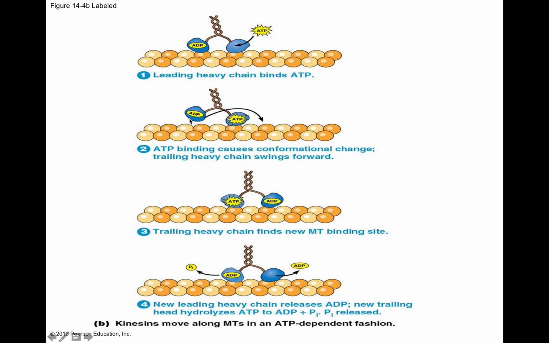That causes this foot in the back to swing forward and become now the front foot. Now the foot that is now in the back but was in the front splits that ATP into ADP plus P, and the now leading front foot gets rid of its ADP, and you start the cycle over again.